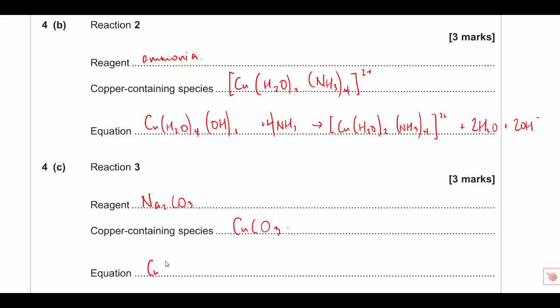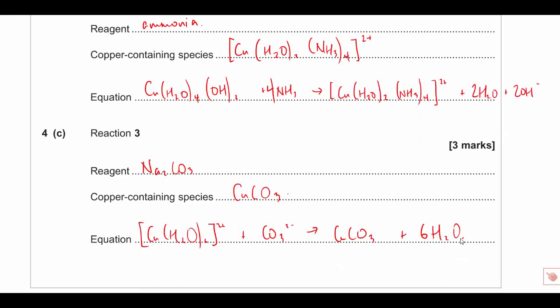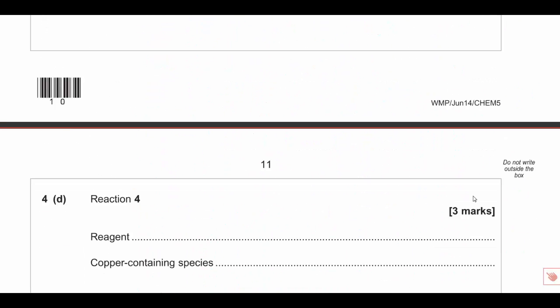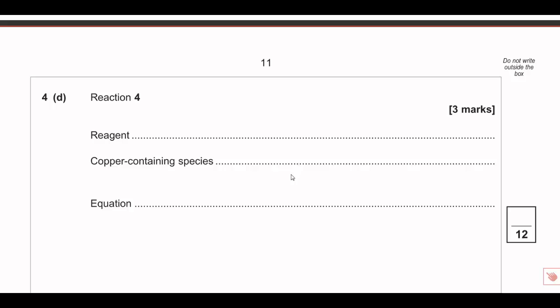Reaction's quite a nice one. Start with our Cu(H2O)6 2 plus. Stick with the ions, that's the way to do this one. CuCO3 and 6 H2O. It's all balanced up nice. Yep. So we can see 9 marks so far on there. Loads. And then another 3 here, so 12 marks.